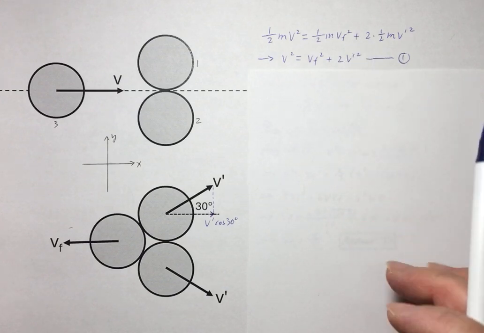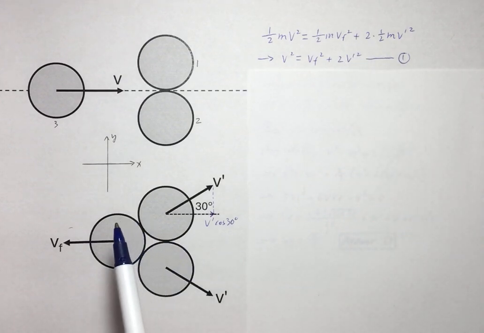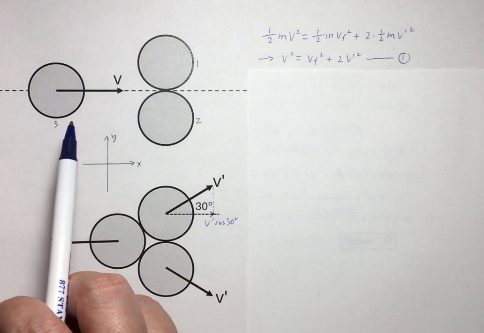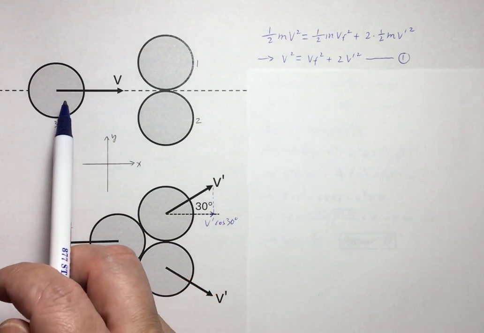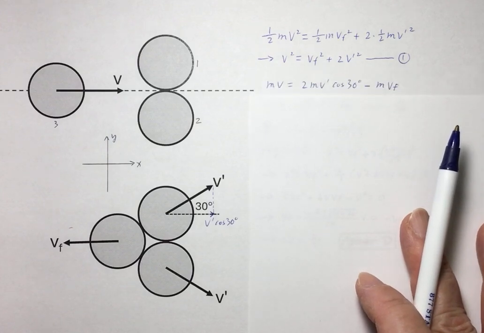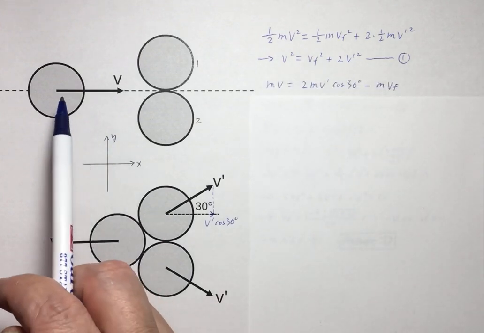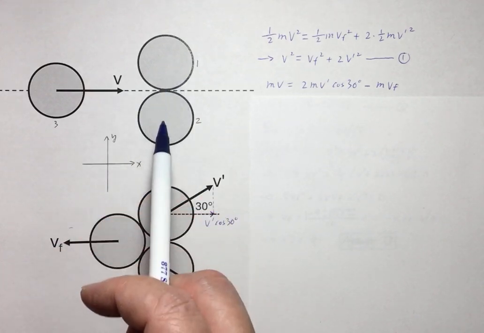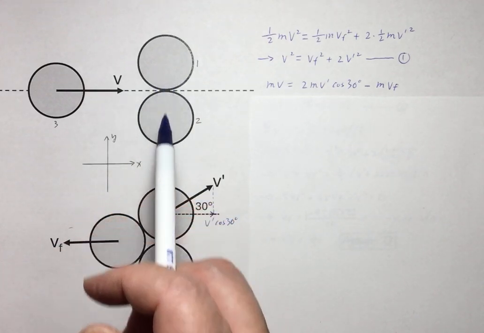At the same time, remember the momentum is also conserved before and after the collision. Before the collision, the momentum is mv only, because these two are stationary.